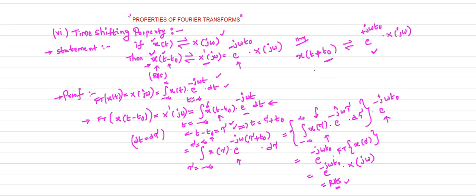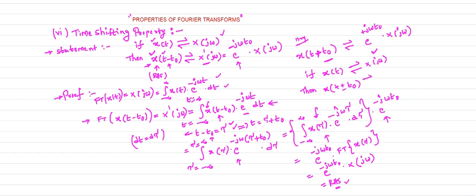I will generalize the statement for the time shifting operation. The generalized statement is like this: if x of t is a continuous time domain signal, its Fourier transform is X of j omega. Then what is the Fourier transform of x of t plus or minus t naught?